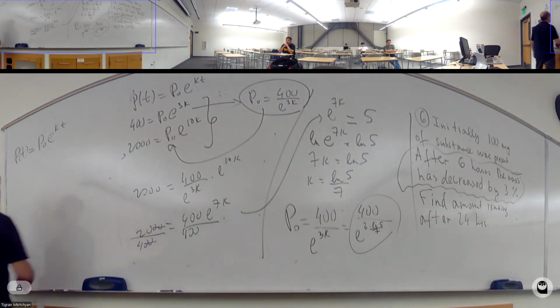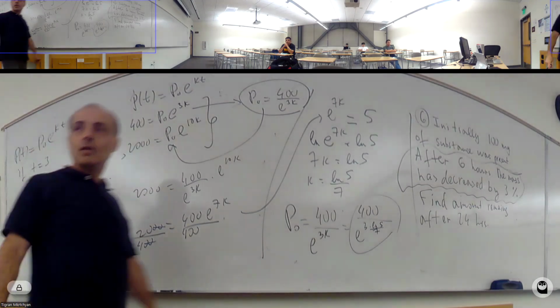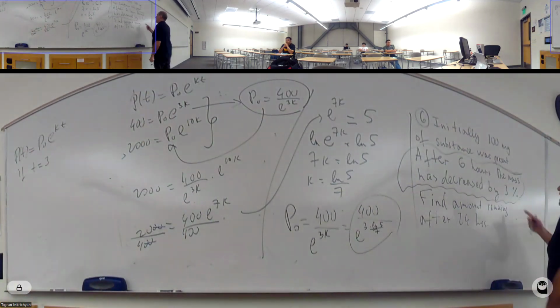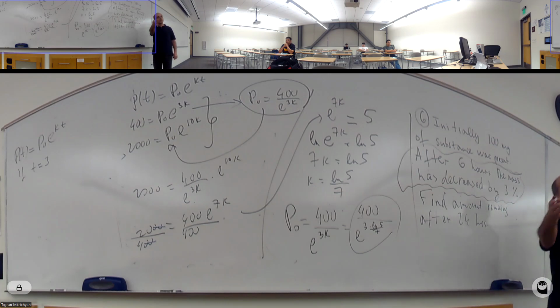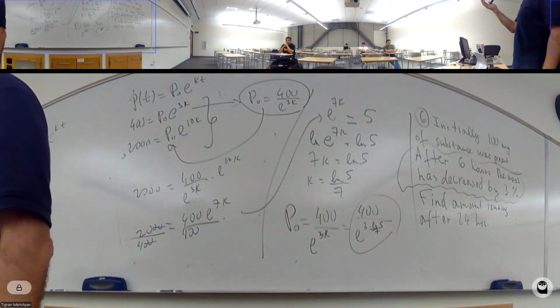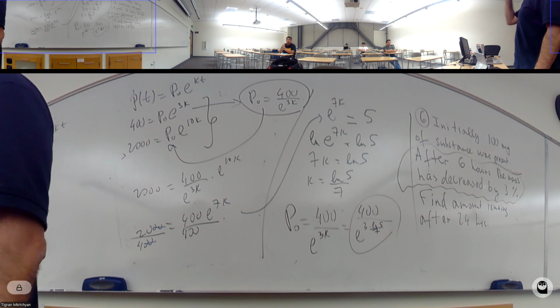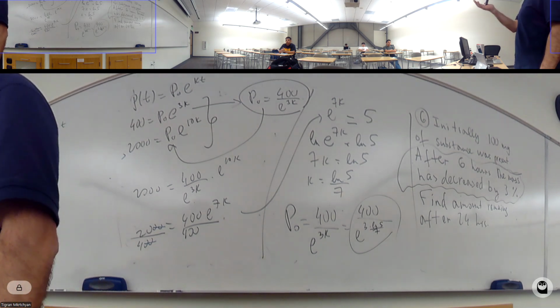Great. So initially, it was P0, that was 100%. Now, what does it mean that 3% is decreased? He was right. 97% is left.